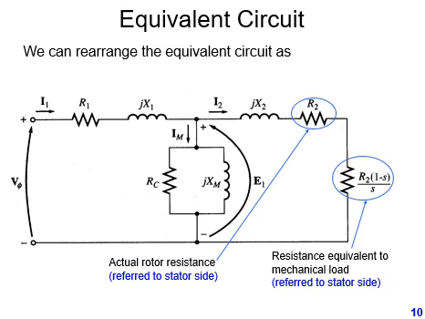So R2 is showing the stator side of the rotor resistance, and R2 (1 minus S) over S is showing the resistance equivalent to mechanical load.